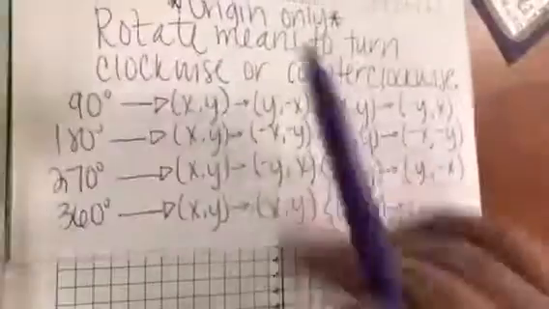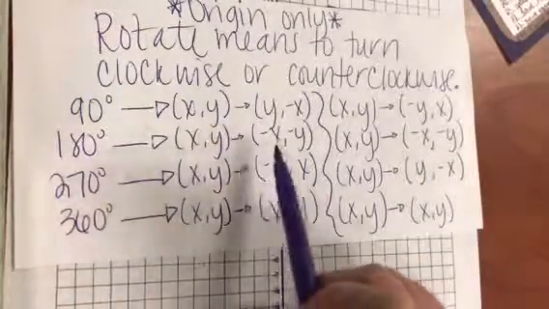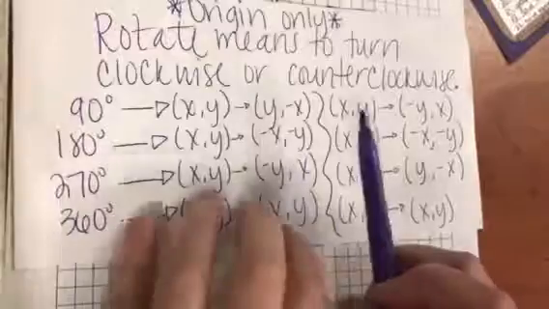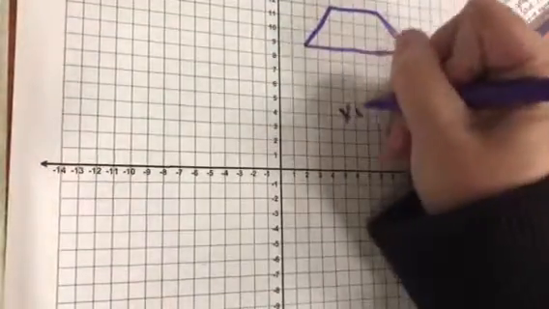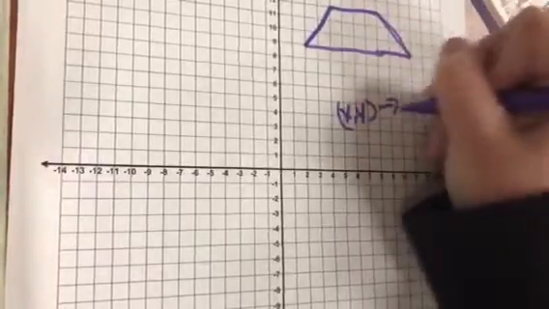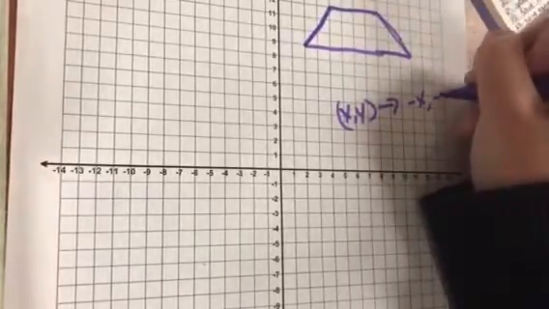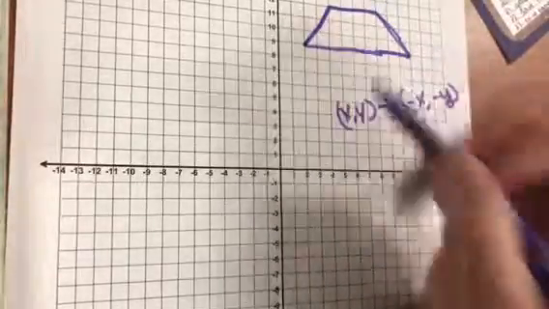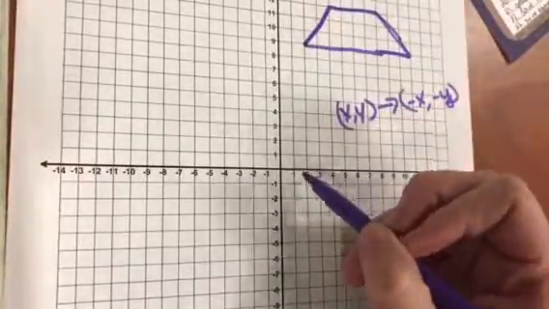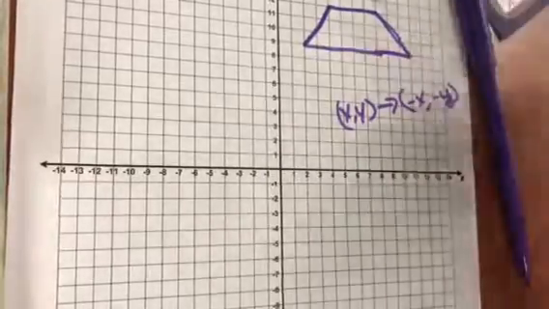For a clockwise turn at 180, my XY becomes negative X, negative Y. So that means my 2, 9 becomes negative 2, negative 9. I'm going to put this in green.